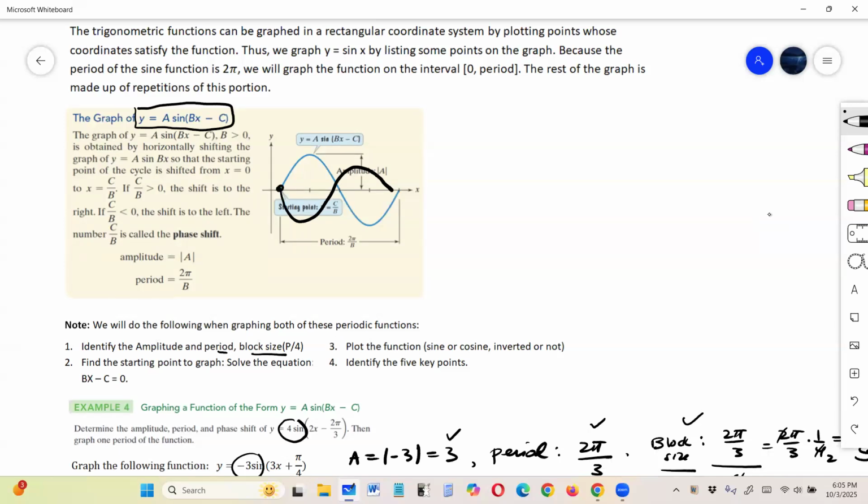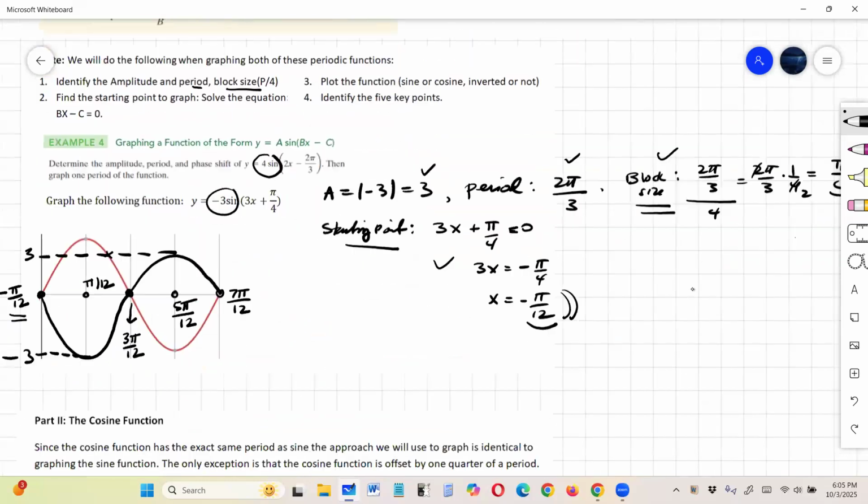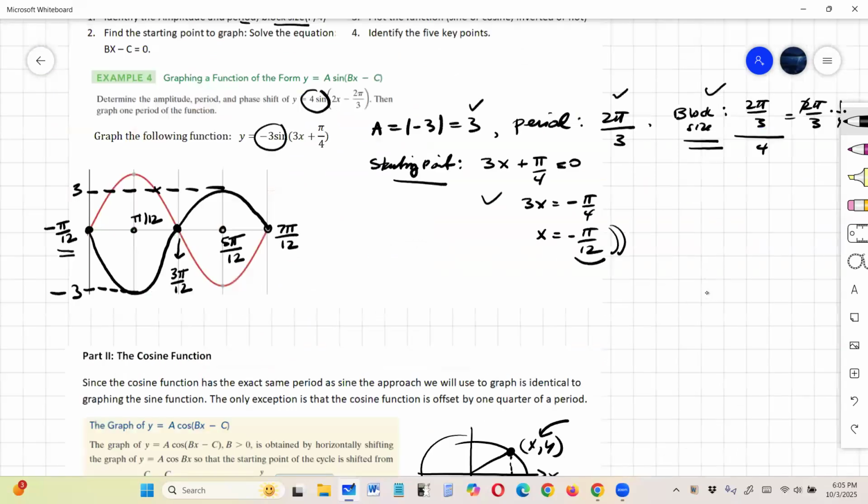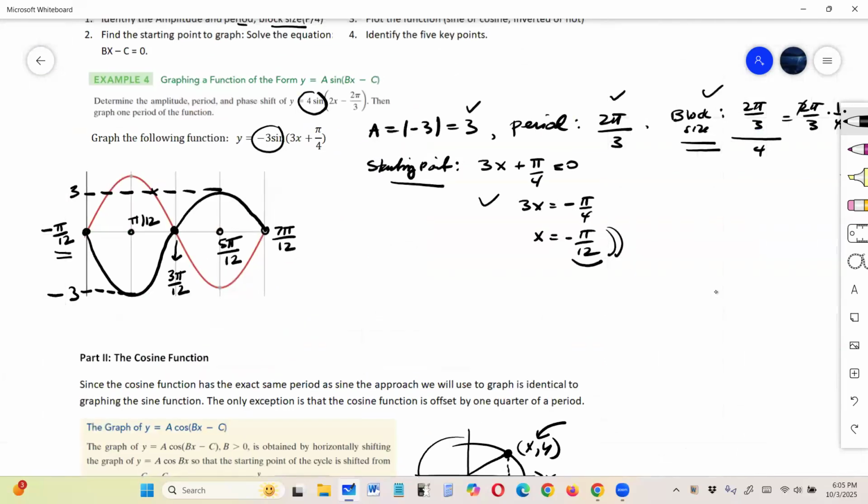And put in the 5 key points. All right, so this is all that we have to do. Nothing else is necessary. You're going to be graphing exactly the same way as I did over here. Make sure that you include the highest point and the lowest point, the 5 key points, and the correct graph, reflected or not. And this is how we graph these two functions, sine and cosine, in this format. This is the most complicated format, and this is the one that we're going to see in our exams.